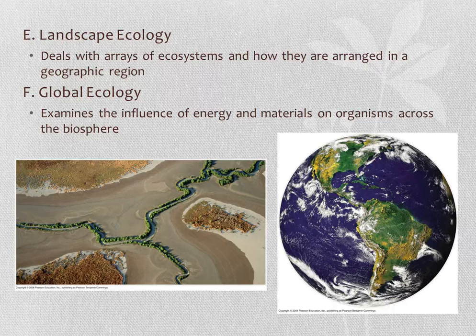And then finally, you have global ecology, which examines the influence of energy and materials on organisms across the biosphere at a global level. In the next topic, we'll turn our attention to looking at some of the ecological factors that help determine some of the patterns that we see in nature.